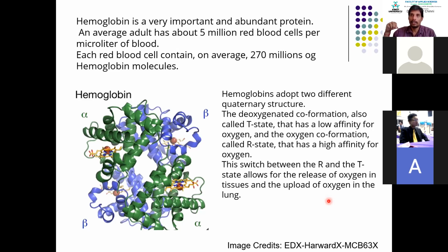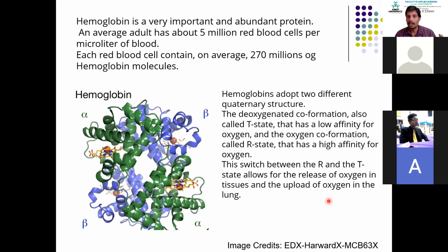And the same hemoglobin flows through the blood and reaches the tissues, where it needs to release the oxygen, isn't it? So the affinity needs to change. If it still has the same affinity, then it is not going to be useful.